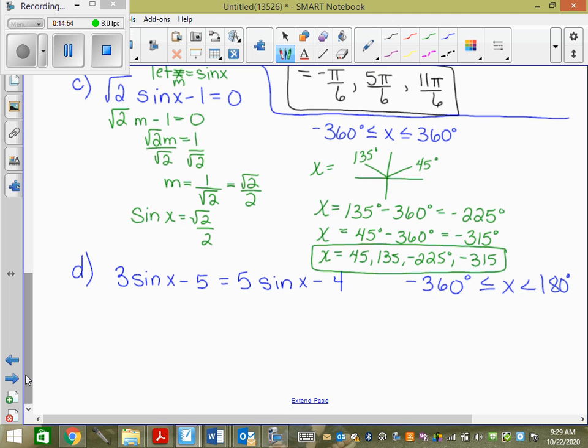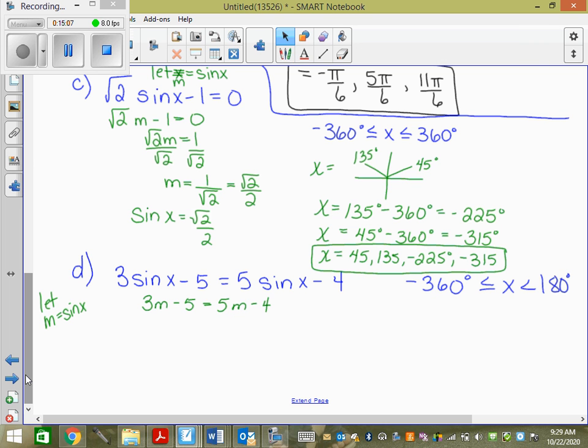This one, I'm going to make n equal sine x. So I'm going to get 3n minus 5 equals 5n minus 4. When there's two n's, I just move one of them. So I'm going to subtract the 3n. So I'm going to get negative 5 equals 2n minus 4. Then I'm going to add 4.